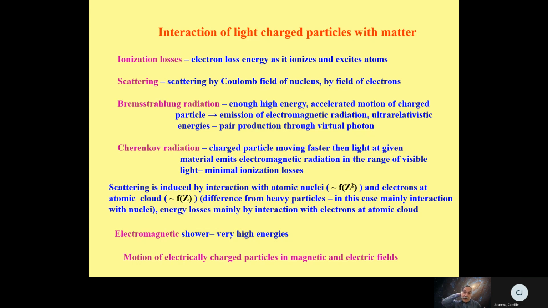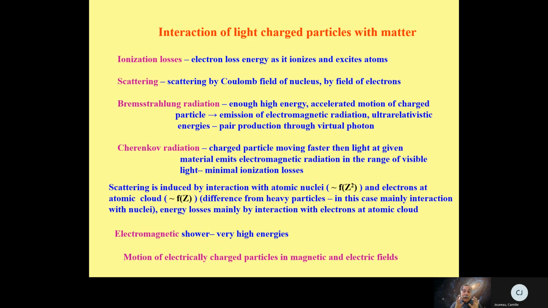That means if this light charged particle is moving through matter, and by interaction with nuclei some accelerated motion is produced, there will be emission of electromagnetic radiation, in this case gamma radiation.